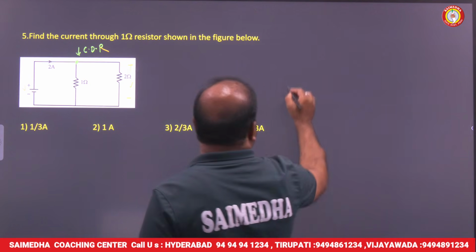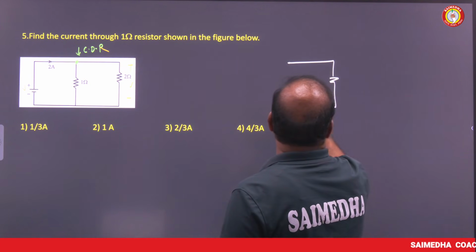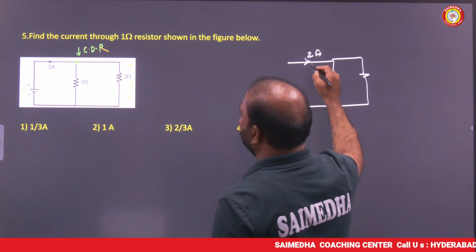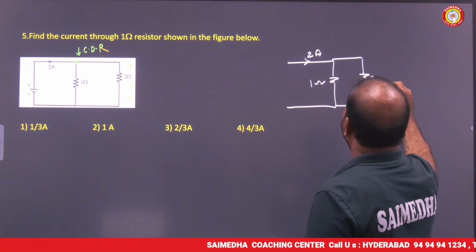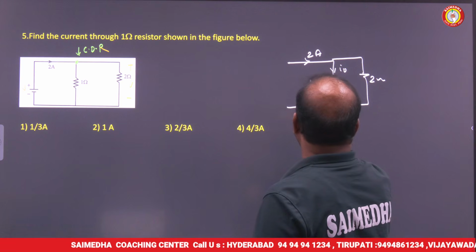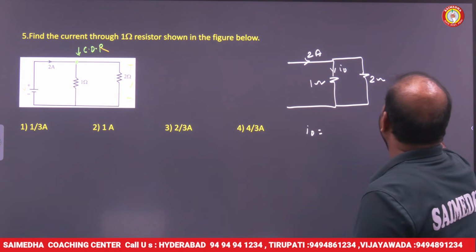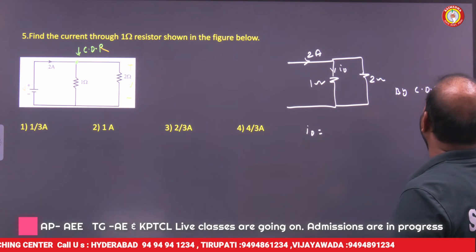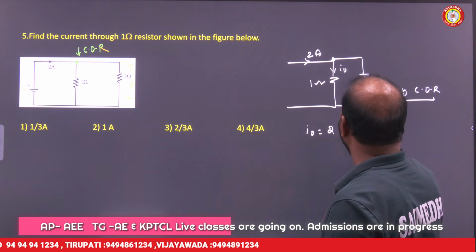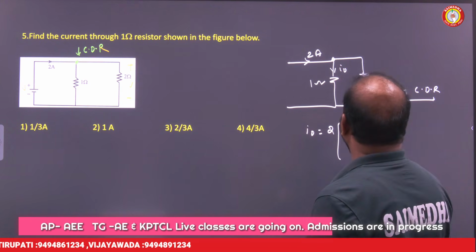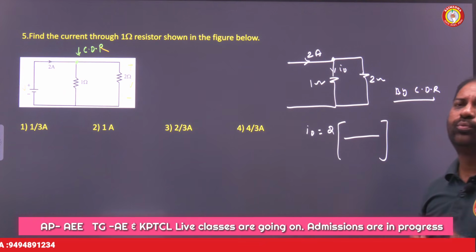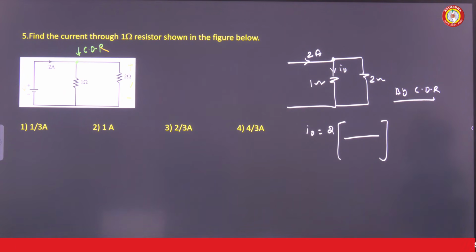So this is the circuit here: a 2 ampere source, a 1 ohm and a 2 ohm resistor, and we need to find the current through the 1 ohm resistor, I naught. By the current division rule, the total current entering the junction is 2 amperes. When you are finding the current through the 1 ohm resistor, you need to put the opposite branch resistor in the numerator.